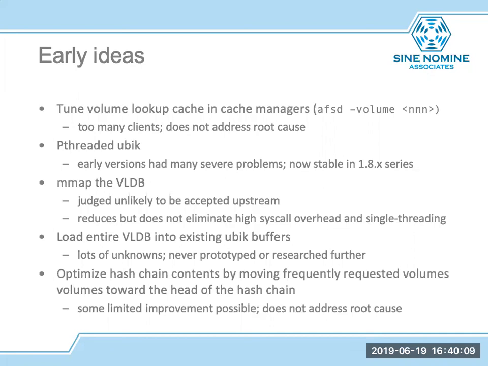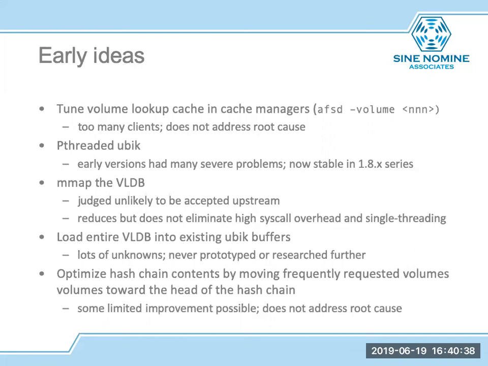So even though it's mostly stable now, 1.8.x, and I did test the work that I'm going to be showing you here in a minute. Yeah, we are going to get to it eventually, I promise. But I did test it on both LWP and P-threaded to make sure that the locking was correct when it was transferred over to P-threaded. So we have to rule out P-threaded UBIC for this particular problem.